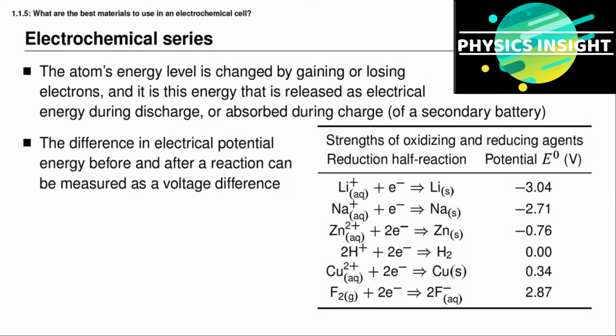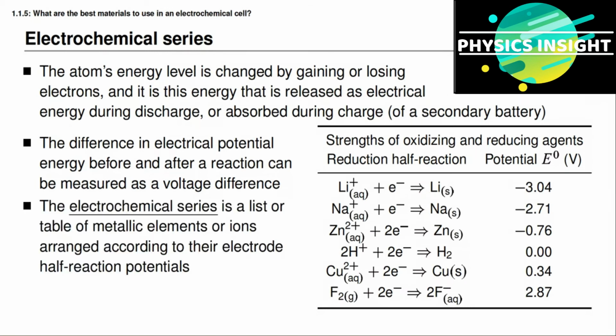The difference in electrical potential energy before and after an electrochemical reaction can be measured using a voltmeter, because the voltage differences in the species before and after the chemical reactions are these changes. It's a direct measure.